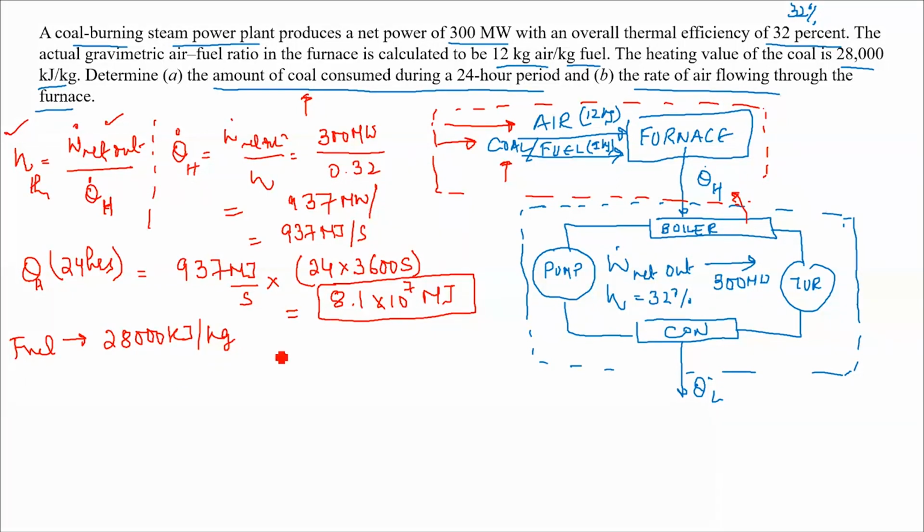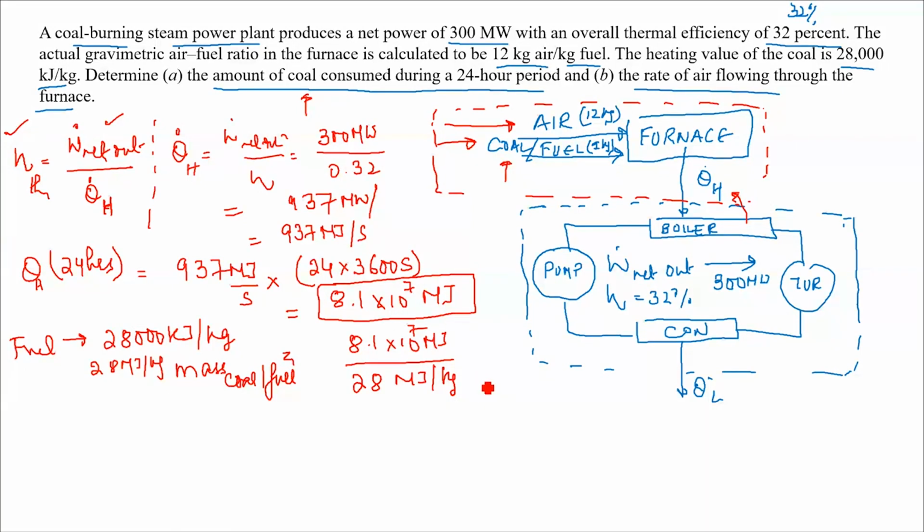Divided by 28,000. Very good. So the mass of coal consumed would be 8.1 into 10 to the power 7 megajoules divided by 28 megajoules per kg. I have converted 28,000 kilojoules into 28 megajoules per kg.